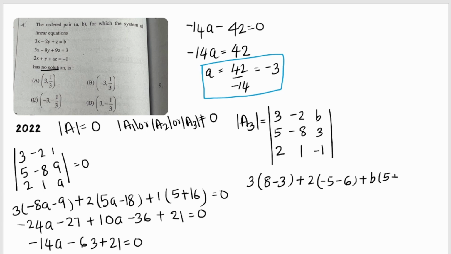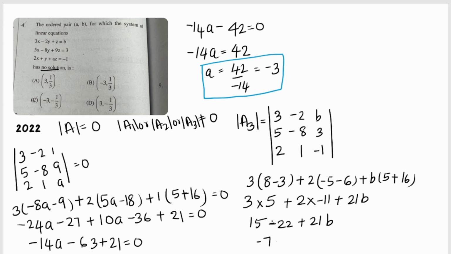So minus of minus 16 is plus 16. We get 3 into 5. 8 minus 3 is 5. Plus 2 into minus 11 plus 21b. We get 15 minus 22 plus 21b. That is 15 minus 22 is minus 7 plus 21b.